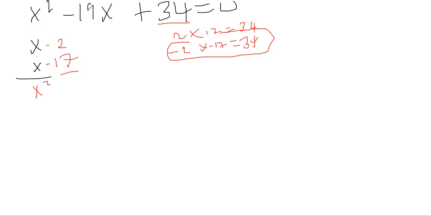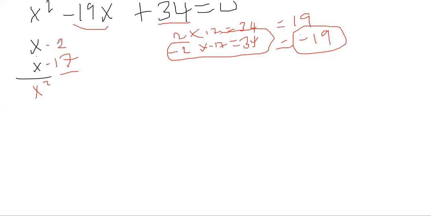If you look at the linear component of the quadratic equation, it also matters. If you add 17 plus 2, it will give you plus 19. If you add minus 2 to minus 17, it will give you minus 19. So we have the coefficient of the linear component. This is how you decide which of the factors to choose.